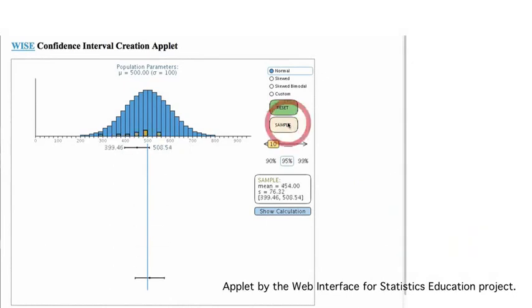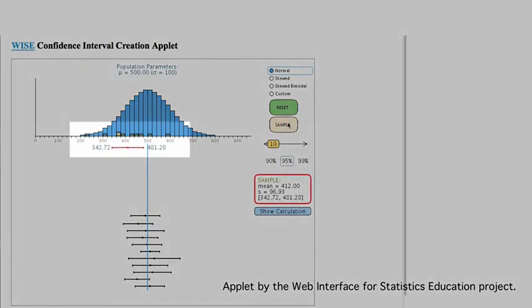Let's simulate some more samples of size 10 and see how the resulting confidence intervals behave. Here we have one that misses a theoretical mean. By chance, for this sample, we got a lot of smaller values, and our estimated mean is only 412, and our upper limit 481.28. So our confidence interval doesn't include 500.